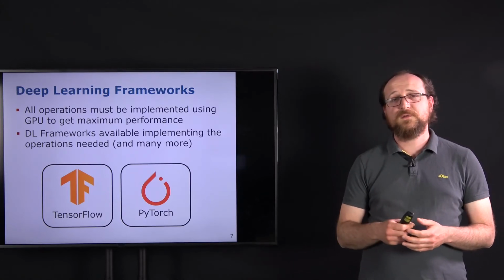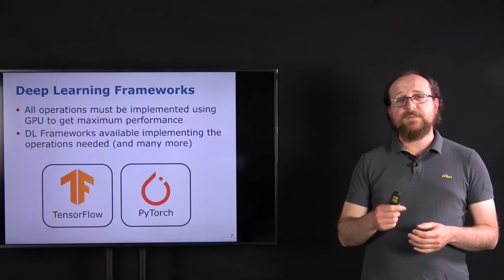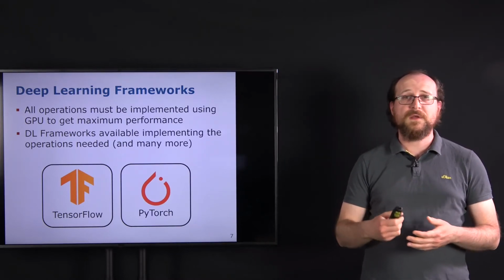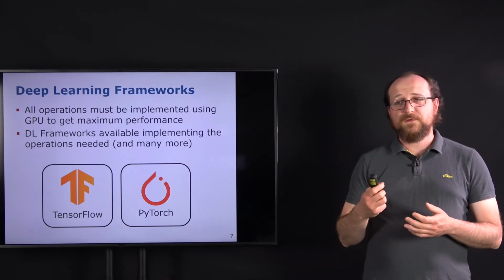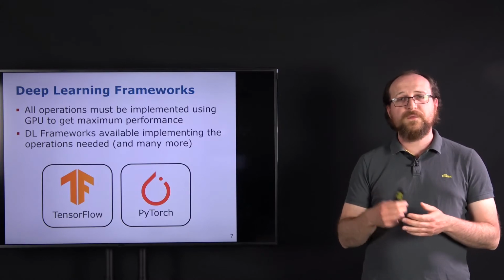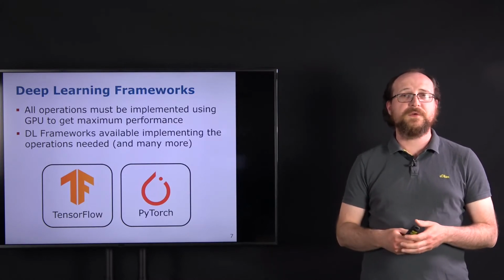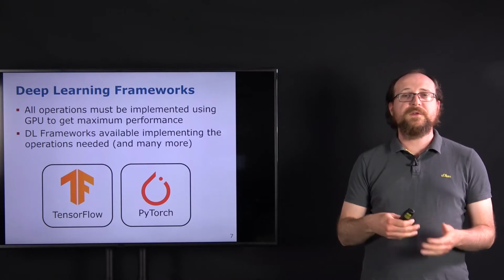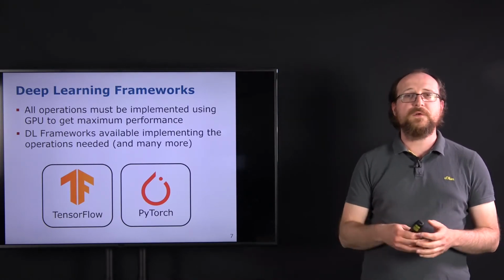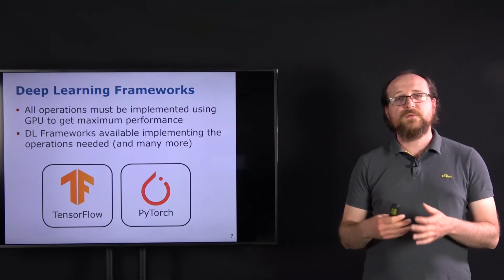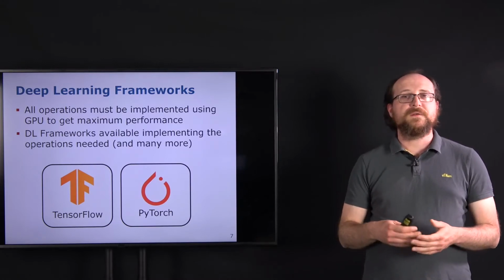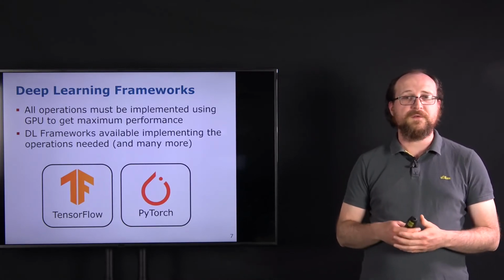And the thing is, the libraries implement all the operations that are needed to train and do something with the neural networks in a way that is optimized for the GPU, because the GPU works a little bit differently from the CPU. So you have to take specific care of how you organize the memory and how you do specific things, such that they are utilizing the GPU in the best way, essentially.